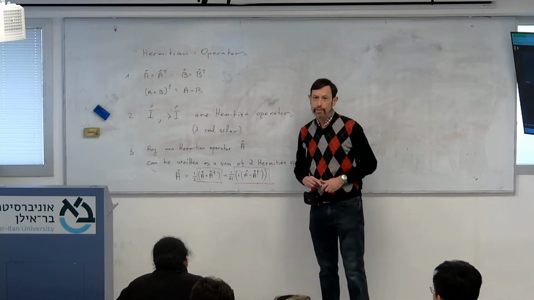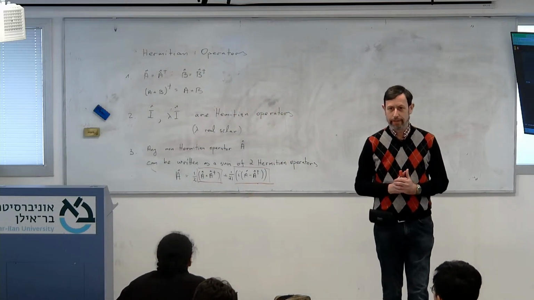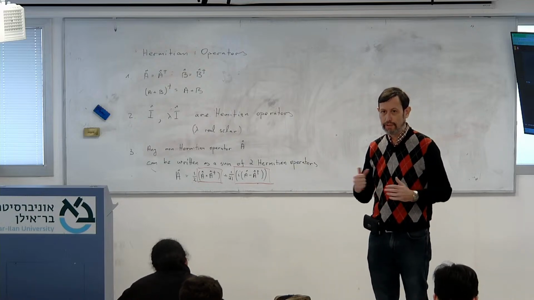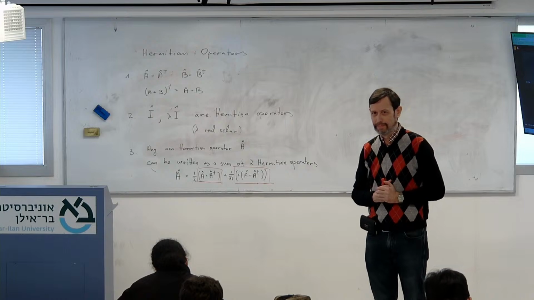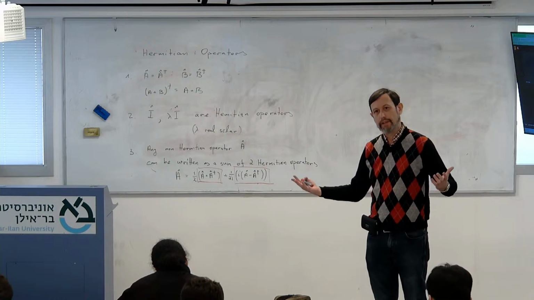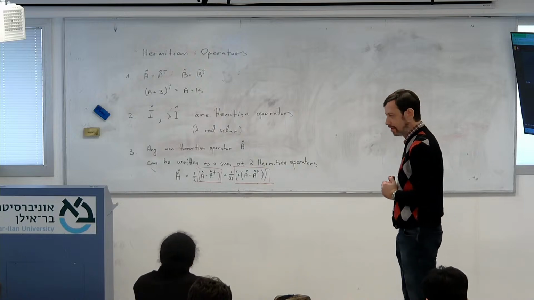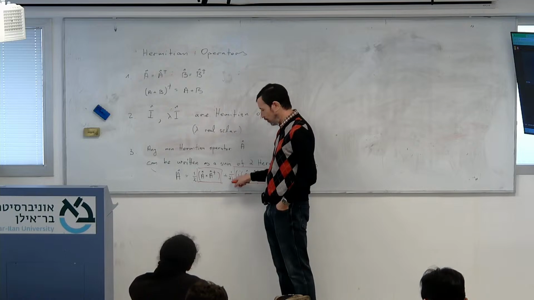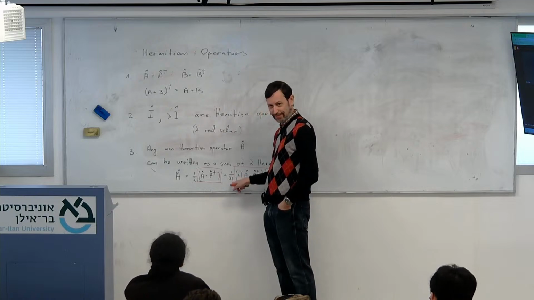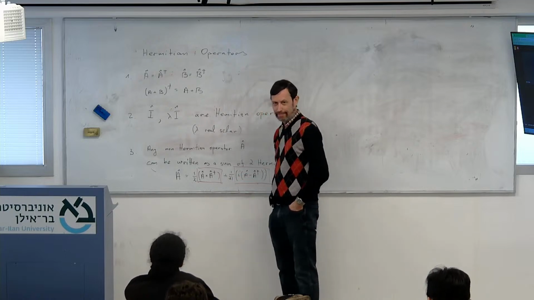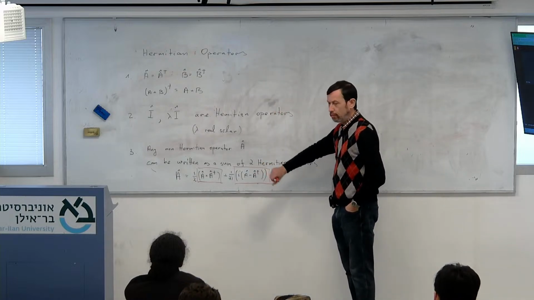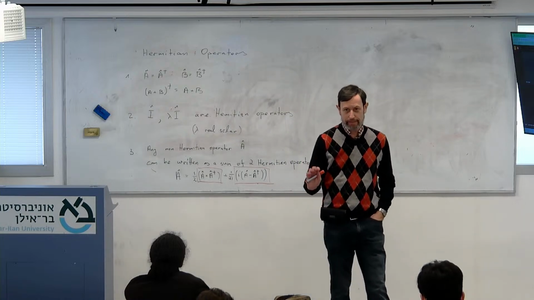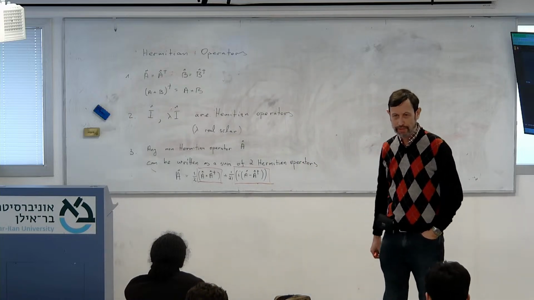Where the operators in the red squares are Hermitian. Convince yourself. It's like the symmetric and anti-symmetric parts. The sum is not Hermitian because of this i here. But if I'm just looking at the two operators in the red boxes, these two operators are Hermitian.